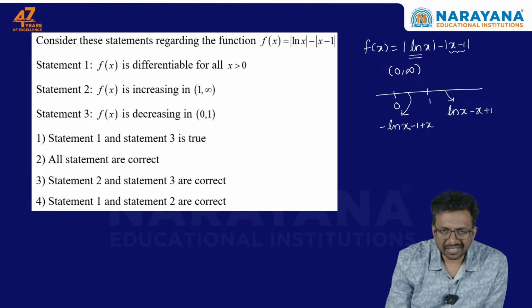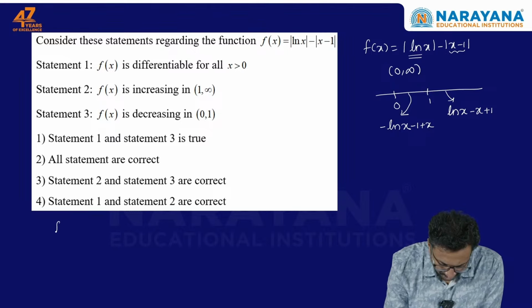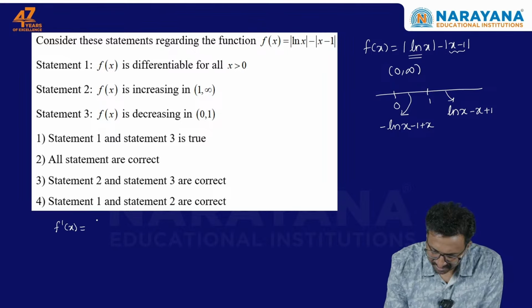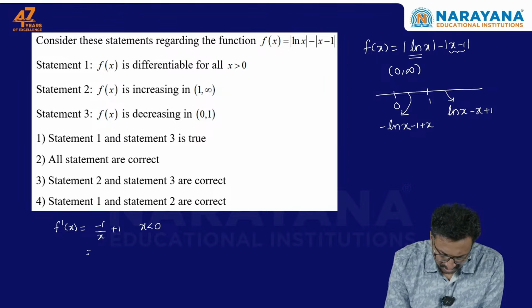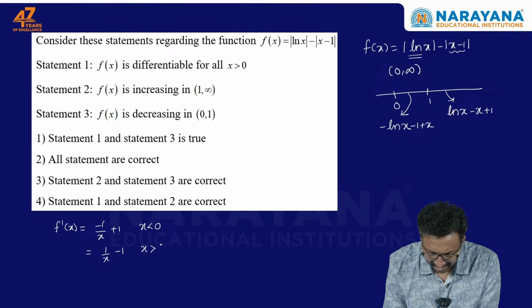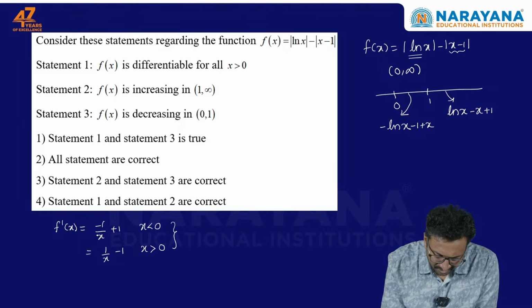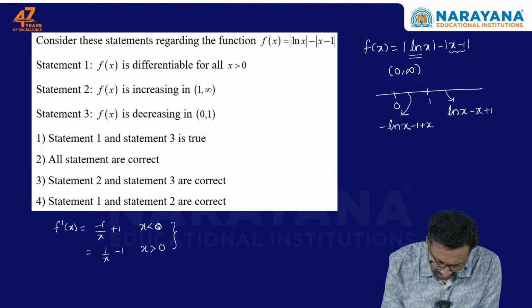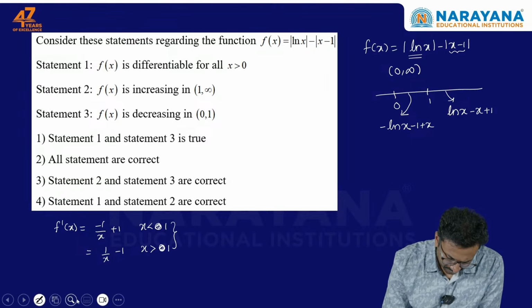The functions are quite easy to analyze, so let us analyze. f dash of x is equal to minus 1 by x plus 1 if x is less than 1, and equal to 1 by x minus 1 if x is greater than 1.